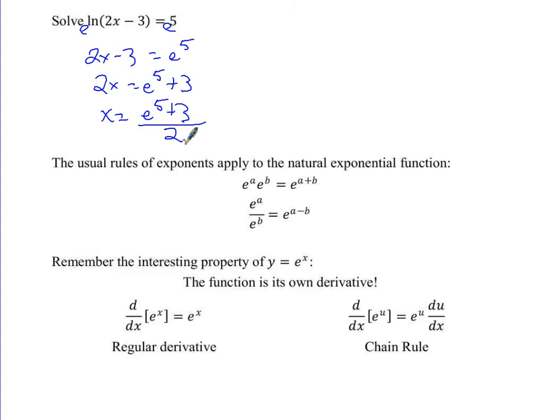Now, on the calculator, you can do that, and you'll get an approximation. And again, the approximation should be to 3 decimal places, and you never want to do an approximation until the very, very end.